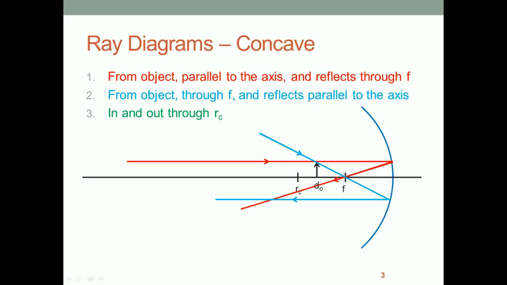And the last one goes through both the center of curvature and the top of the object, in and out upon itself. And where those 3 cross is the image. This image is real, it is inverted, and it is larger.